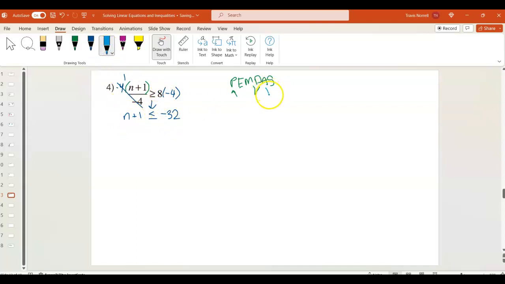Now the opposite of addition is subtraction. So the opposite of adding 1 would be to subtract 1 from both sides. Positive 1 minus 1 is 0. So n is less than or equal to negative 32 minus 1. Think about it.